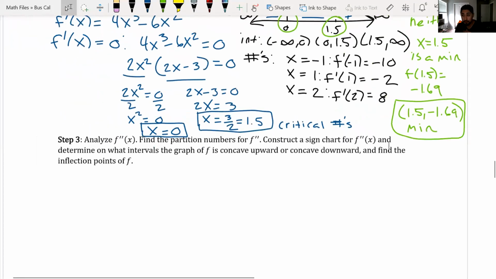Okay. Step 3. Everything we learned today. Take the second derivative now, set it equal to 0, solve for x, make a sign chart, pick test numbers, find concavity. So let's do that.